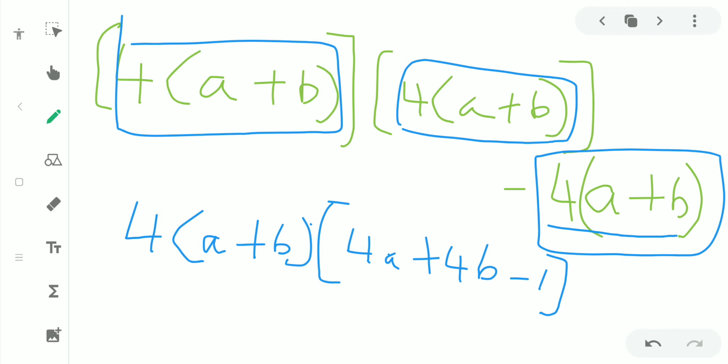So this 4 into a plus b is nothing but 4 into a plus b multiplied with 1. So I have written here 1.